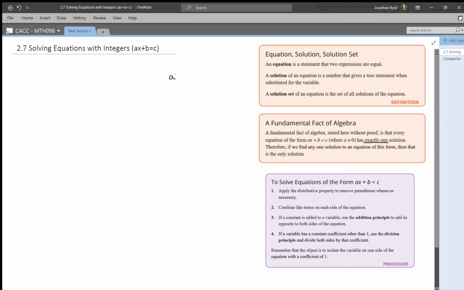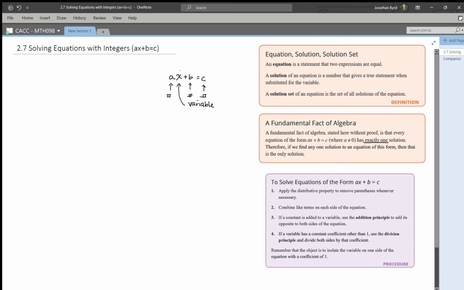So in the form ax plus b equals c, we mean for A, B, and C to have values. Like there's some number that's given to us. And X is the variable. It's the part that we're trying to figure out.